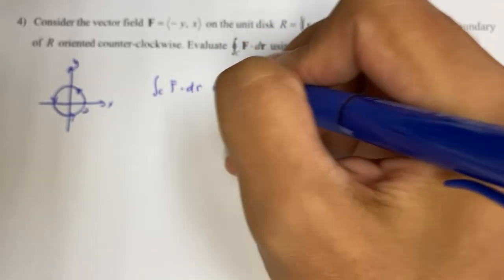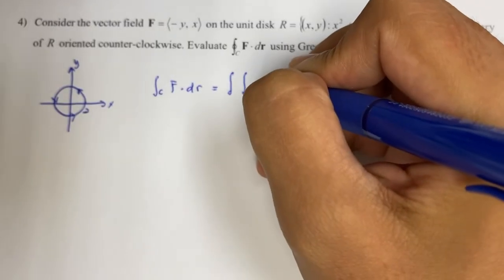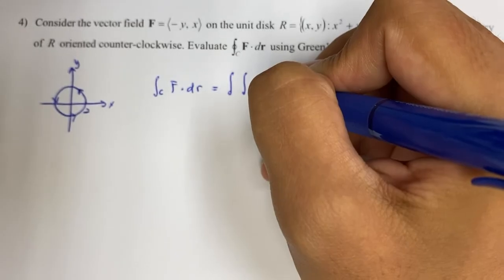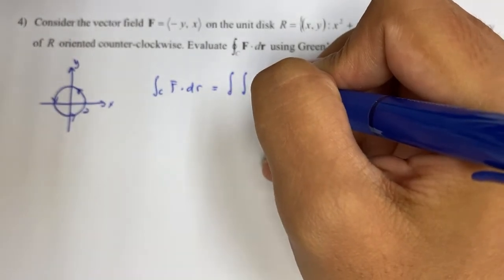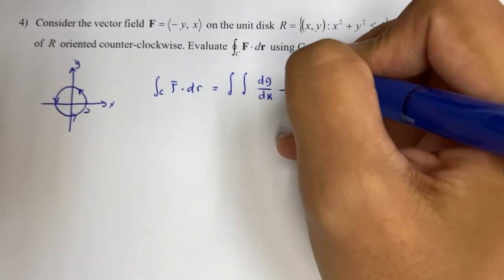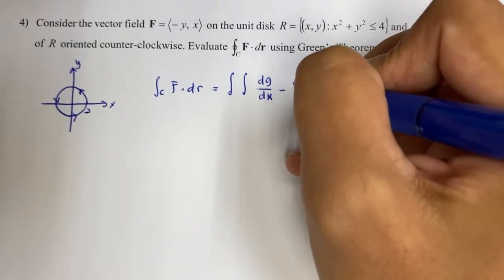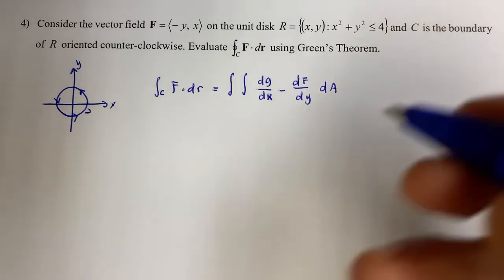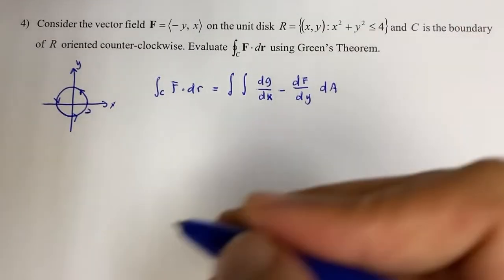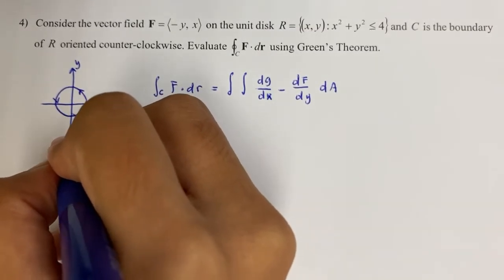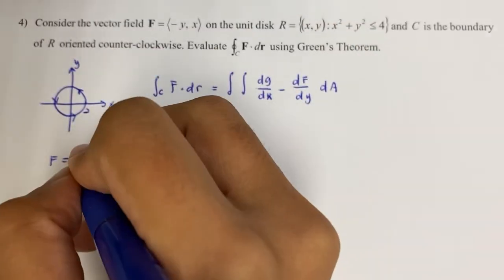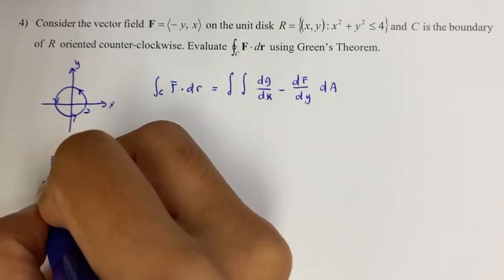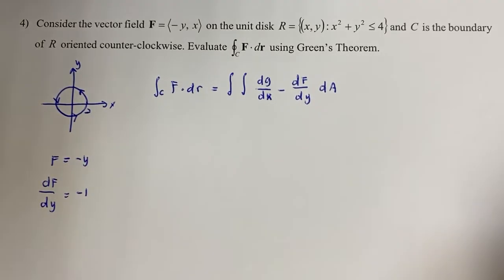In Green's theorem you have the double integral. You need to find dg over dx minus df over dy, integrated with respect to A. First, f is equal to negative y, so df over dy is equal to minus 1.